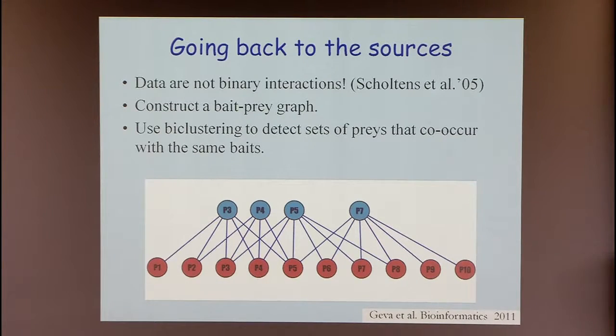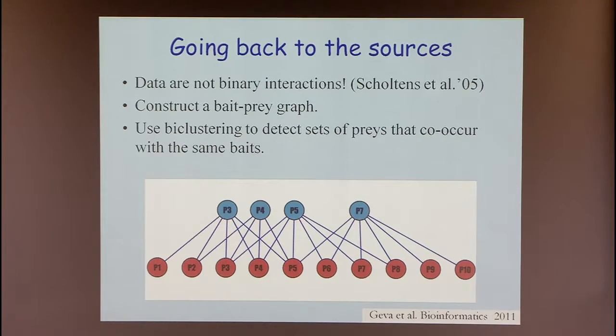And now you really represent the essence of your data, because really the data was about capturing this set and then capturing this set. And these are exactly the kind of graphs to which you can apply biclustering algorithms to try to identify sets of preys that co-occur together with the same baits.